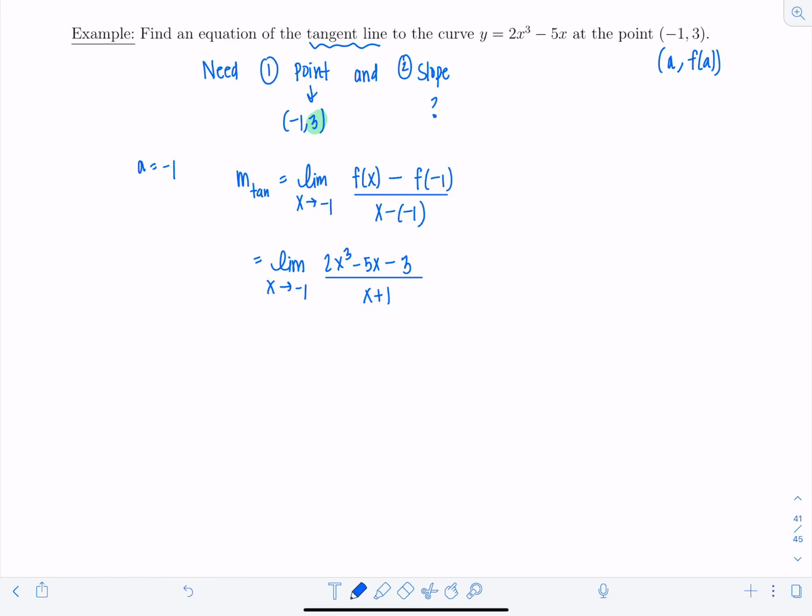All right, this limit I won't ever be able to evaluate using direct substitution because you're going to get 0 over 0. So I need to factor it. Now it's a little tricky to factor 2x cubed minus 5x minus 3. So one thing we can do is use synthetic division to help us factor.